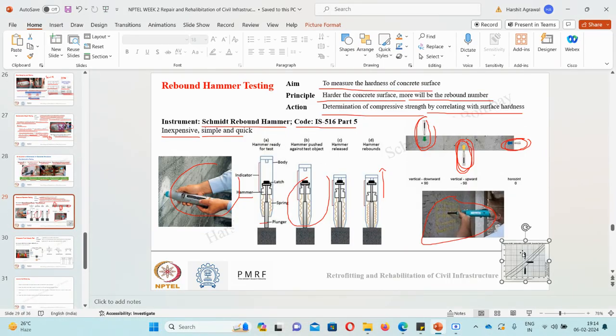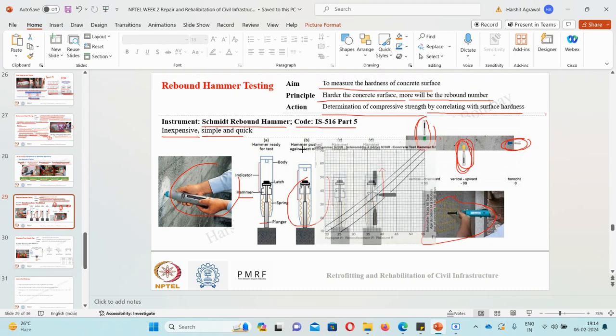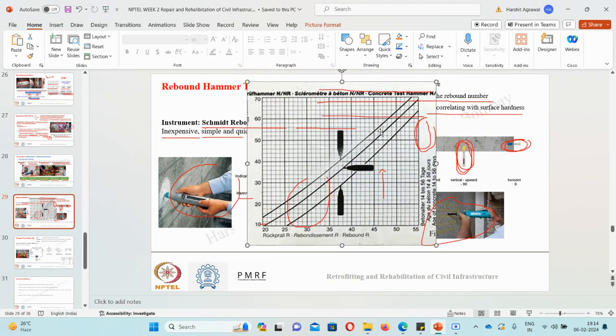In this image, you can see how, for different orientations of testing, the rebound number is correlated with the strength. Since in the vertically up orientation gravity may increase the amount of rebound, its value is lower than the horizontal orientation.